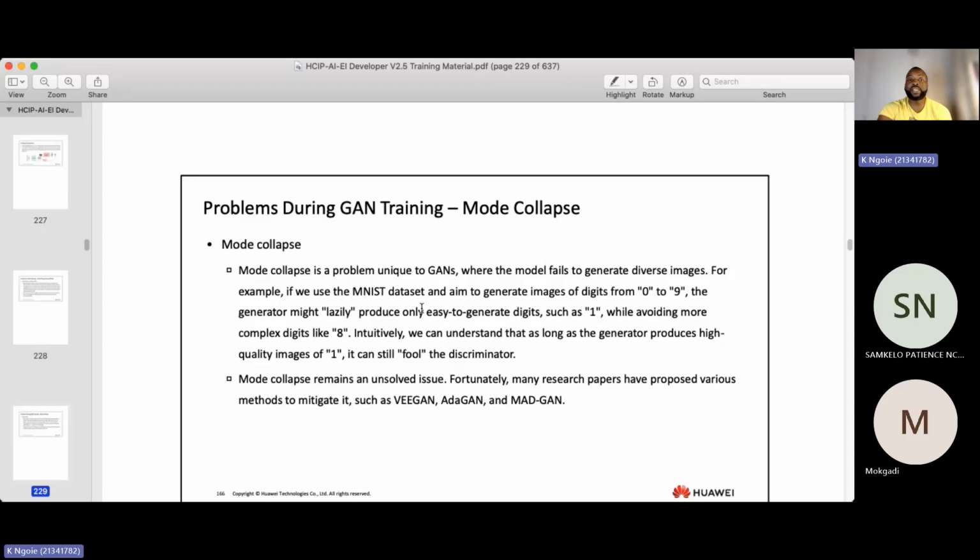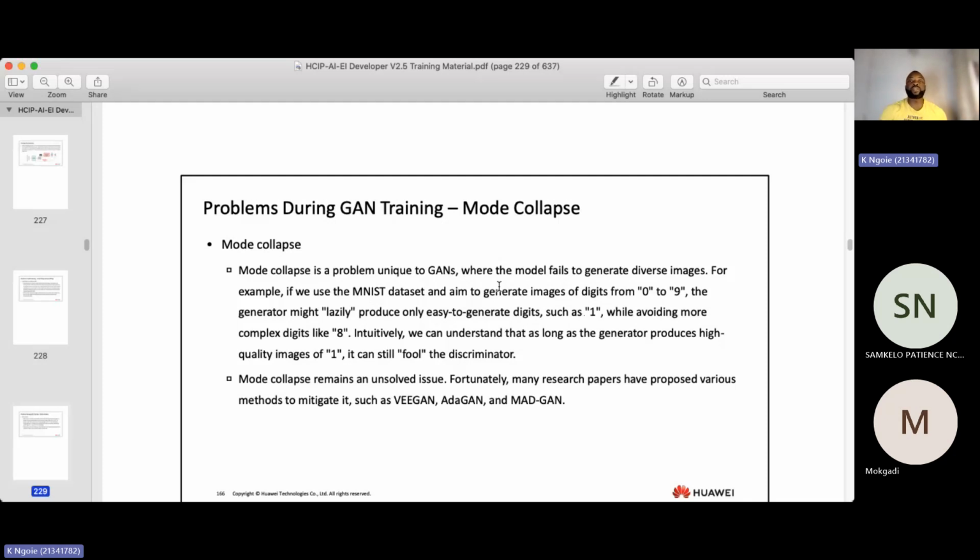It's basically an effect that happens when the generator stops producing diverse outputs. The generator is trying to generate fake images, but it keeps generating only a few kinds of samples, even though the real data has many variations.